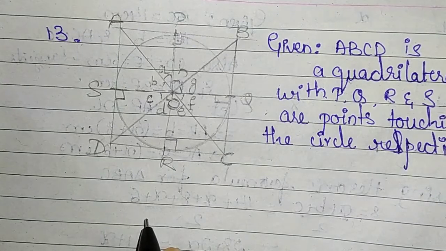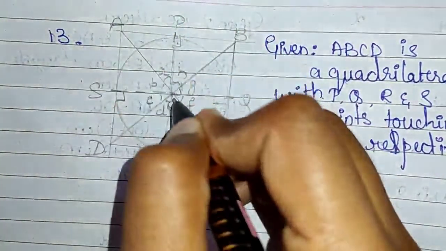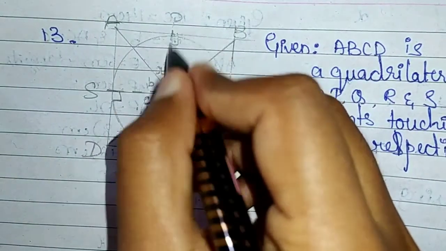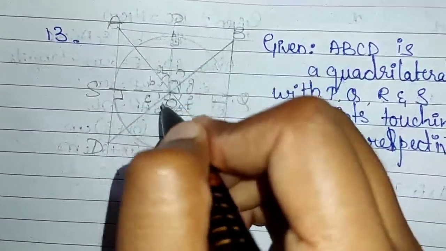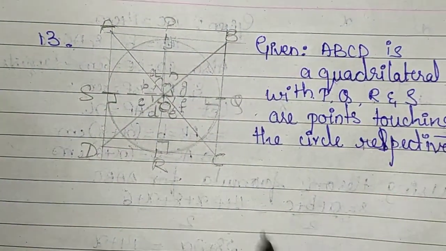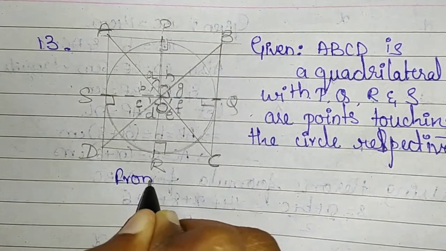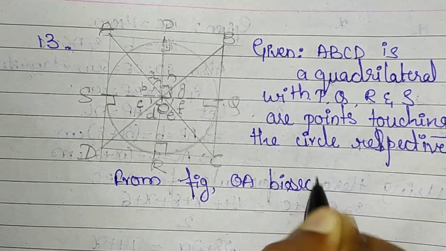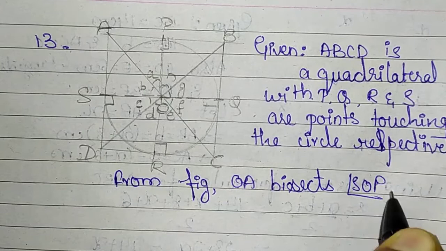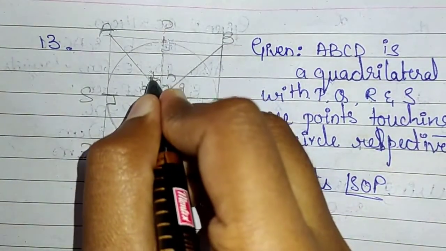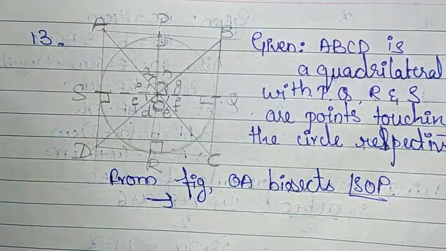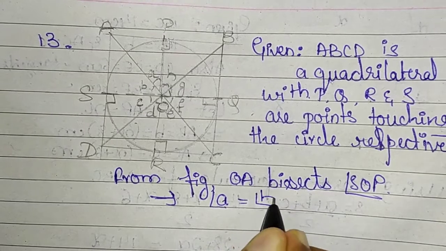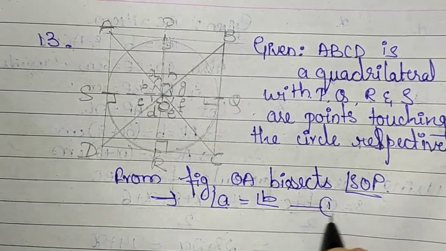Now from the figure we can see that the line segment OA bisects the angle SOP. This angle, the line segment OA bisects this angle. So from figure, OA bisects angle SOP. So this implies, we have named the angles with small letters A, B, C, D, E, F, G, H. So angle A is equal to angle B. This is the first result.